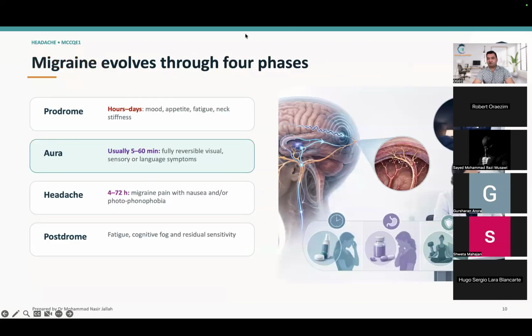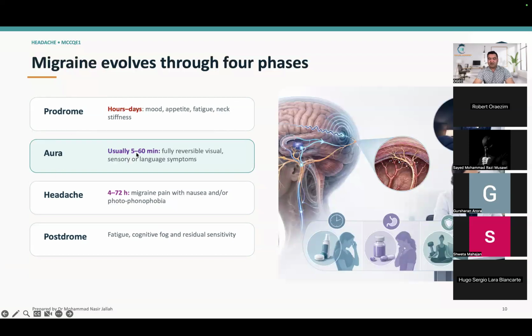Migraine evolves through 4 phases: prodrome, aura, headache, and postdrome. Prodrome is hours to days, usually before the headache starts. Sorry, I'm talking about aura. So prodrome: hours, days, mood, appetite, fatigue, neck stiffness.